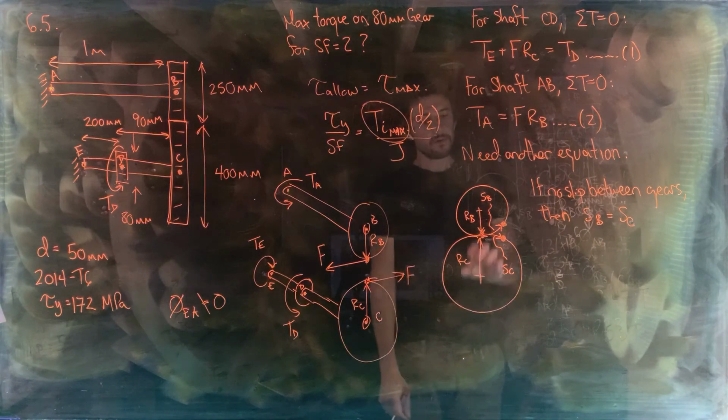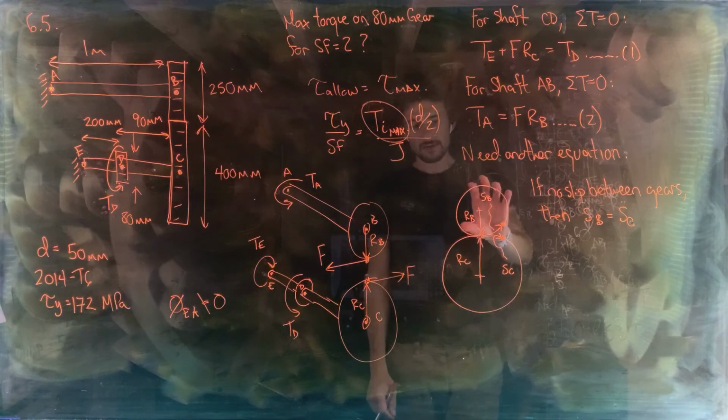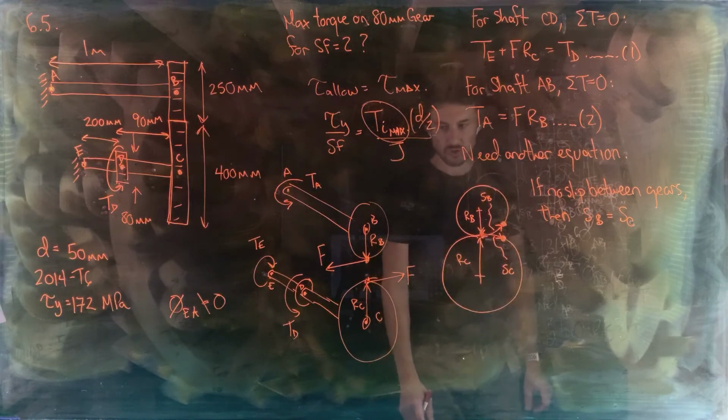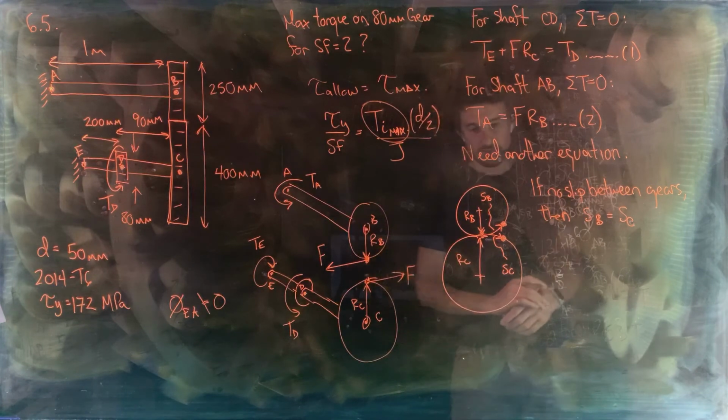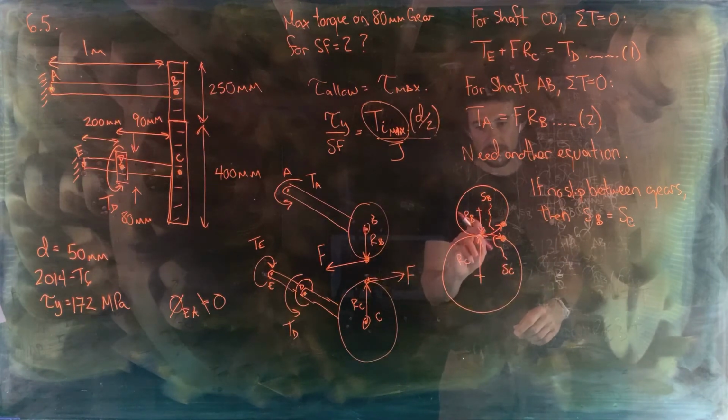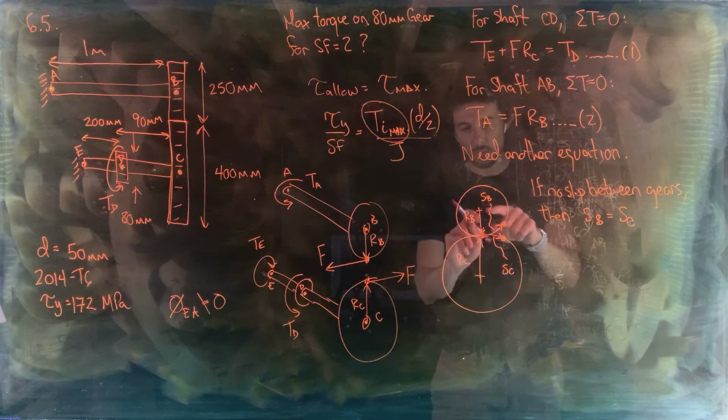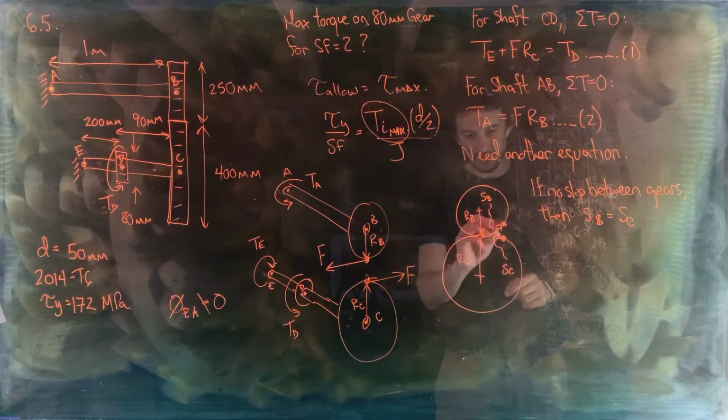And then we can relate those to angles of twist, actually, because the gears are connected to shafts. So we know that if we're dealing in radians, a circumferential distance can always be represented as the product of the radius and the angle swept out by that circumferential distance, right?